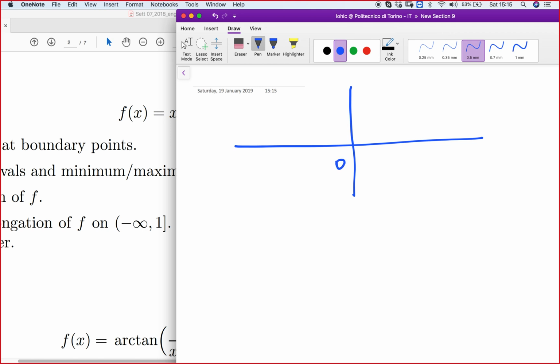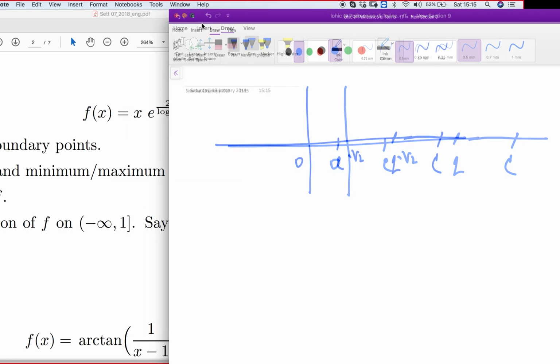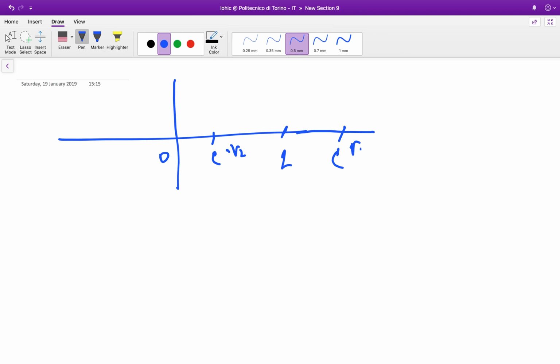So this is 0, this is exponential of minus root 2, this is 1, and the exponential of root 2, and this was plus infinity.